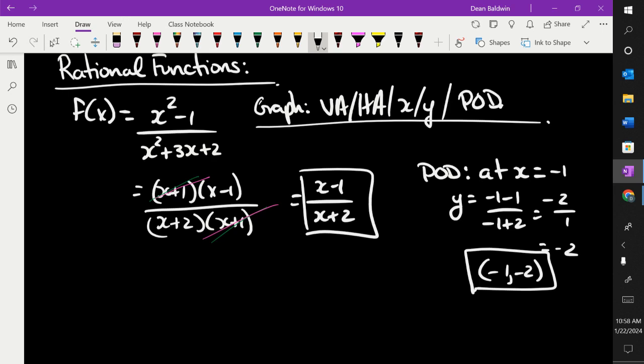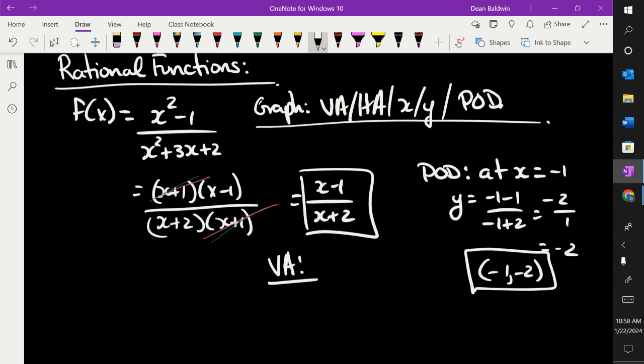Okay, what next? All right, vertical asymptotes. Vertical asymptotes are found after you cancel. If you just say vertical asymptotes are what make the denominator 0, you would say -1 is a vertical asymptote.